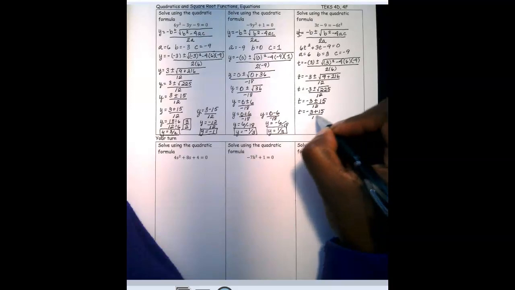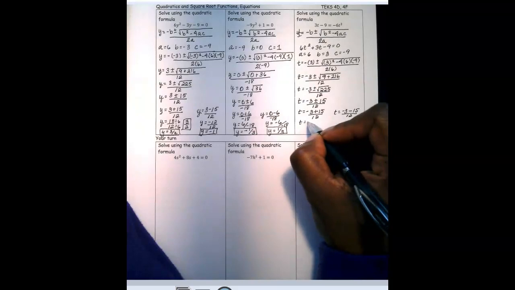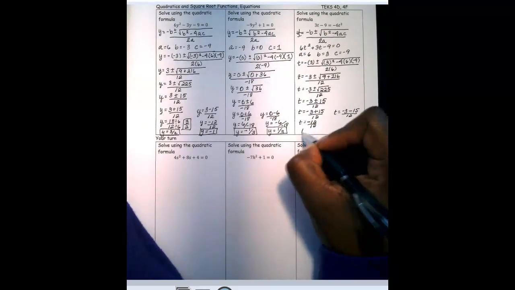So T is equal to negative 3 plus 15 divided by 12, and T is also equal to negative 3 minus 15 divided by 12. So T is equal to negative 12 divided by 12, which means T is equal to negative 1.